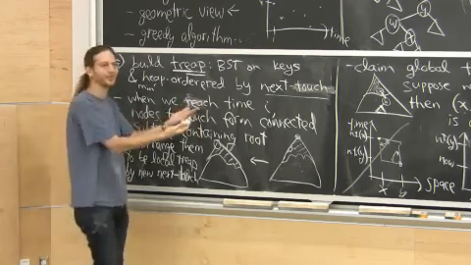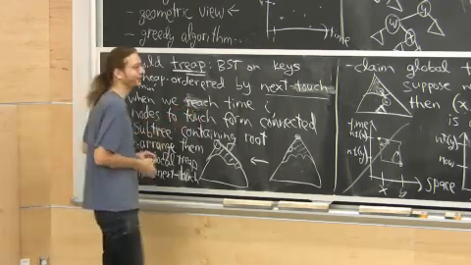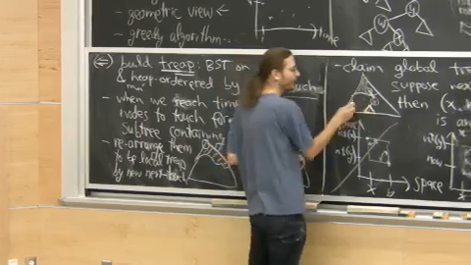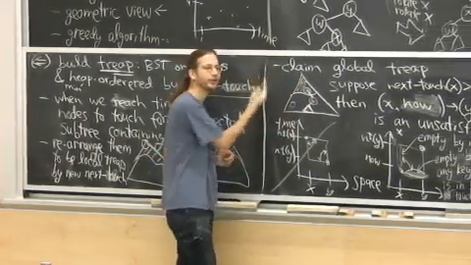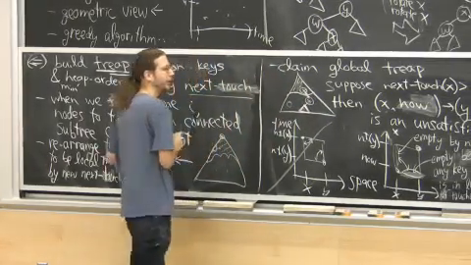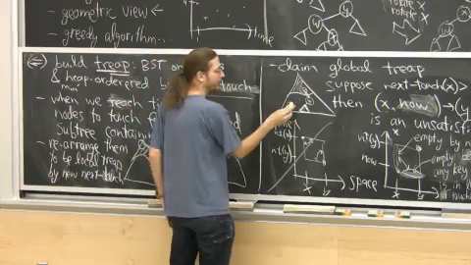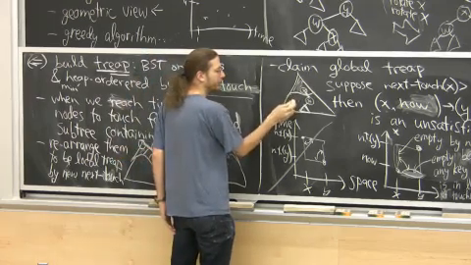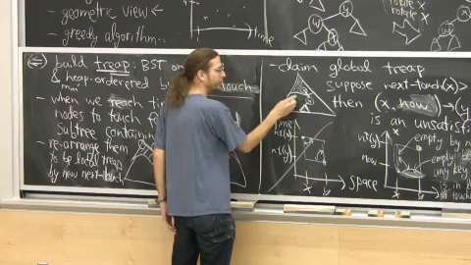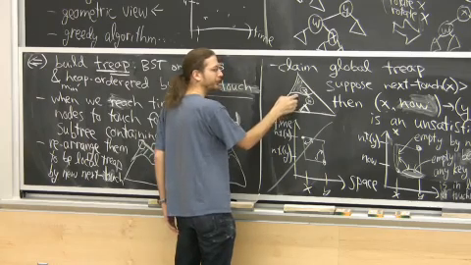Why? By this argument. If there were some other node down here that has a smaller next access time, then, but we know it was heap ordered before, so all of these guys are heap ordered. So this guy would then have the minimum.